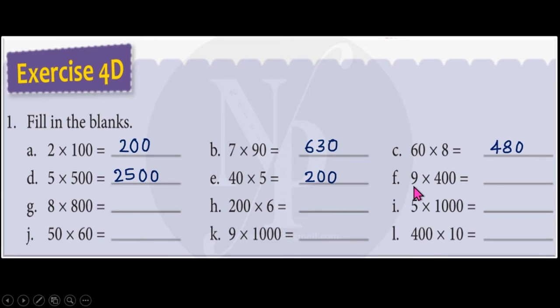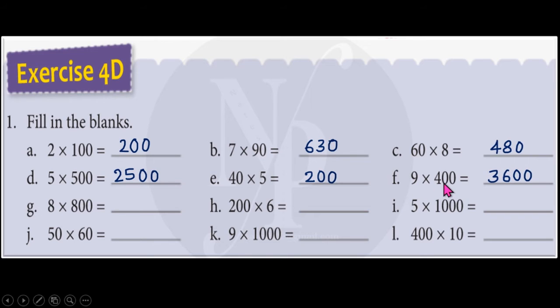Or we may say the product of 40 and 5 is 200. Coming to F, 9 into 400. Let's multiply 4 and 9 first. 4 9s are 36. We write 36 here. And just beside 36, we put 2 zeros because we have 2 zeros in the number 400. First we multiplied just 4 and 9.